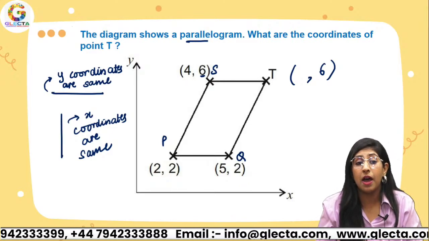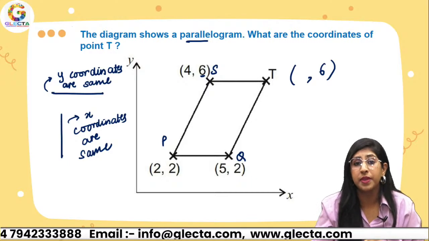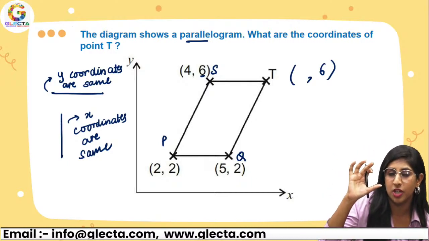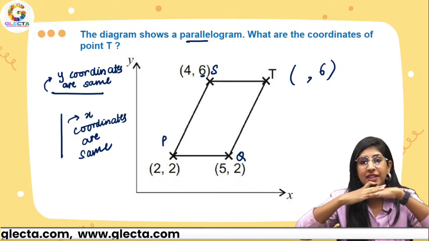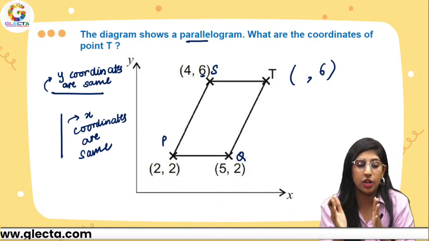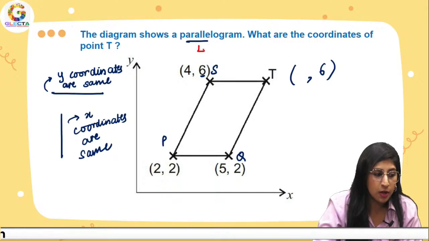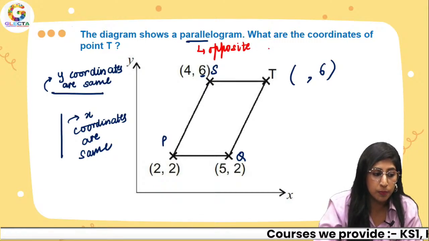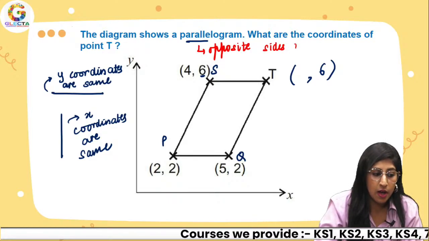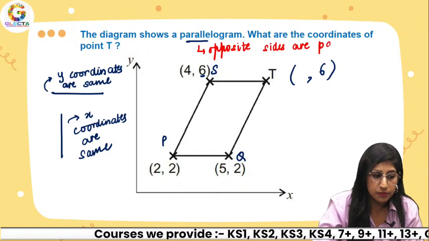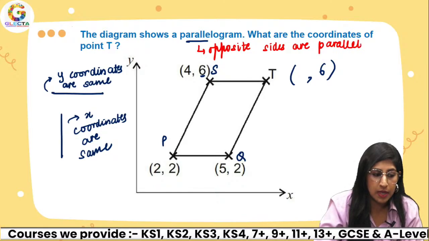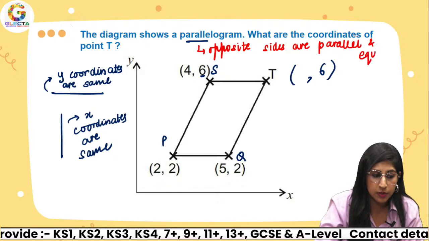See, in parallelograms, what are we going to do? Parallel, as the name suggests. That means opposite sides are parallel and they are equal. Remember this thing, opposite sides, you can note it down if you want to. Opposite sides are parallel and equal, right?